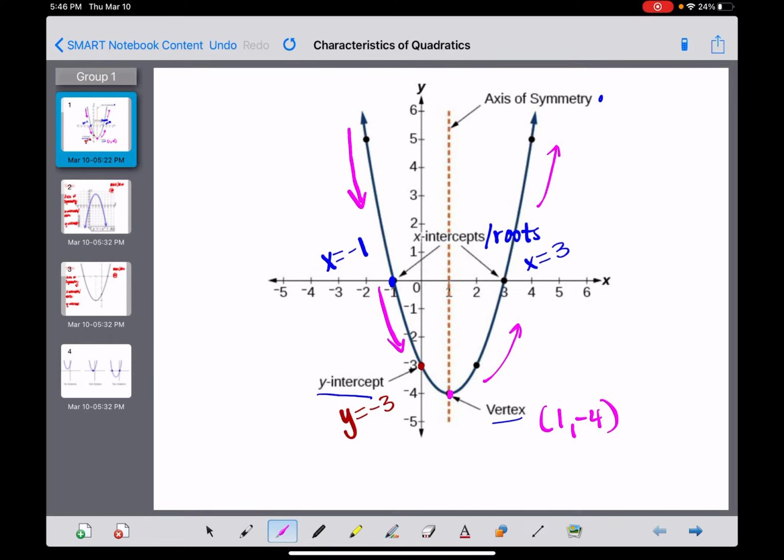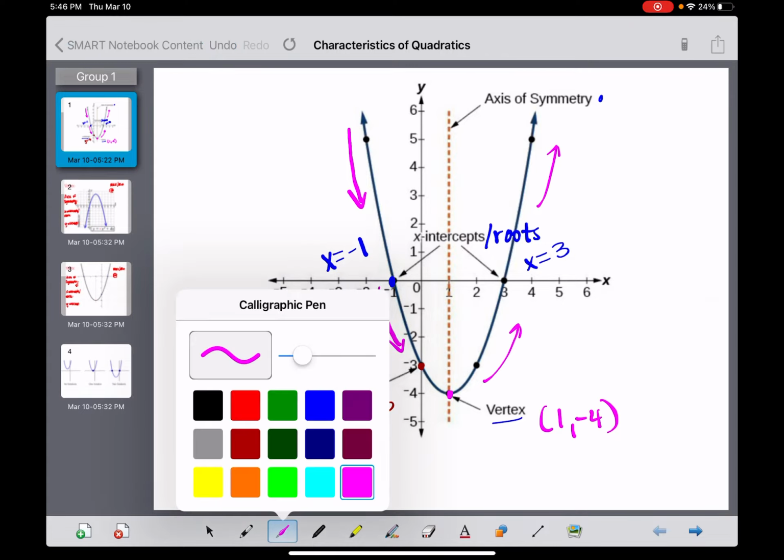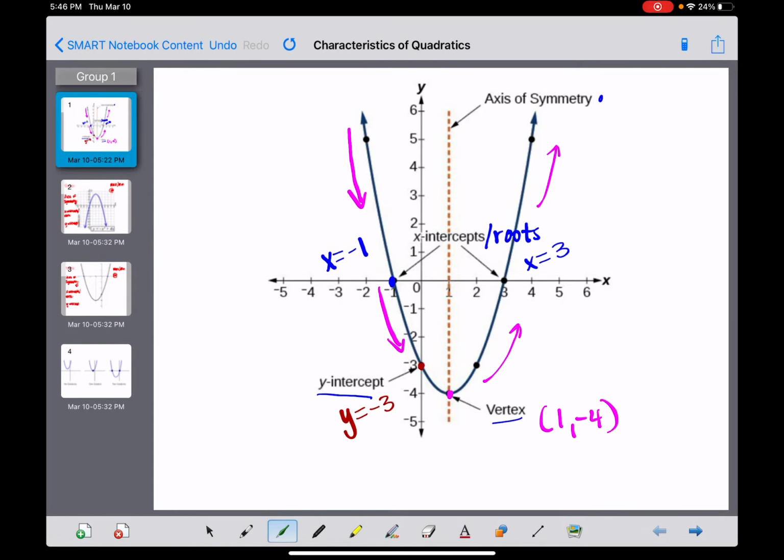The vertex will always be the lowest point or the highest point, depending on if your parabola is concave up, which this is concave up. So that means the vertex is the lowest point, which makes it the minimum.